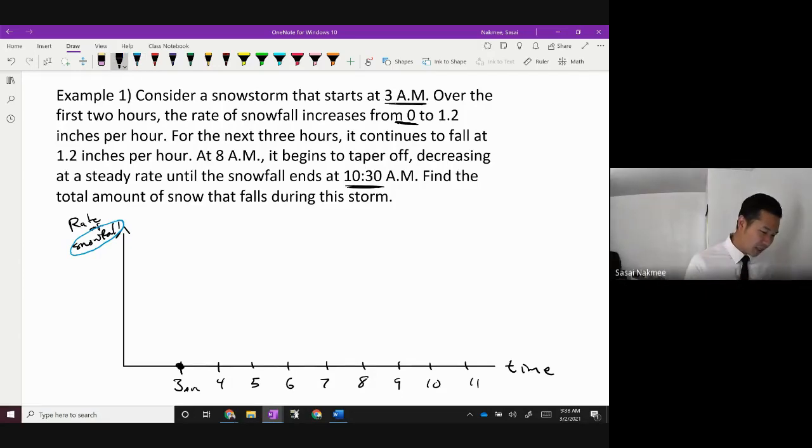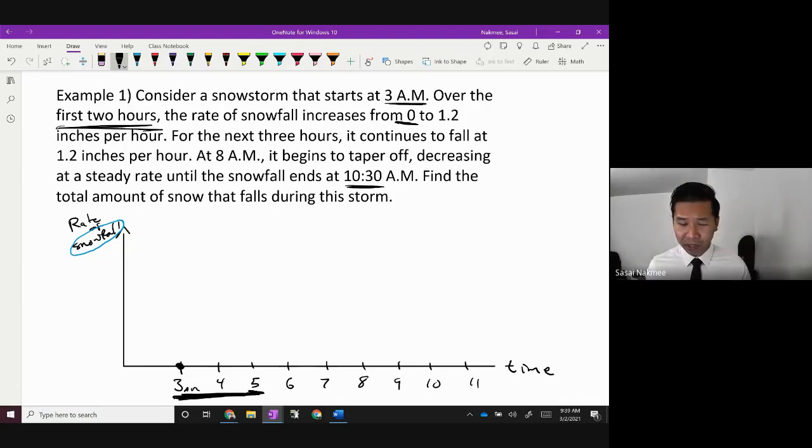So check this out. How should this graph look? It says here, over the first 2 hours, so if it's 3 a.m., what time do I stop at after 2 hours? I don't stop at 4, I stop at 5. So the first 2 hours is from 3 to 5. At 3 a.m., there's no snowfall, and then 2 hours later, snowfall has increased up to 1.2.